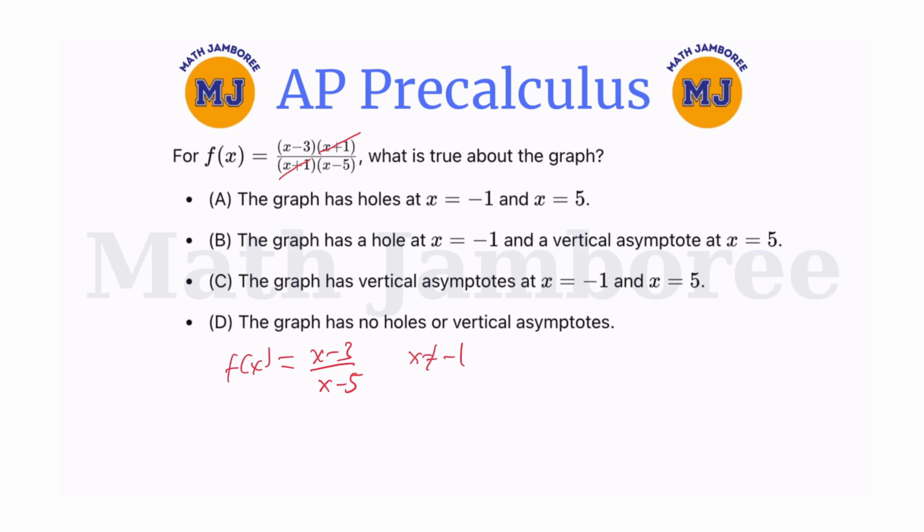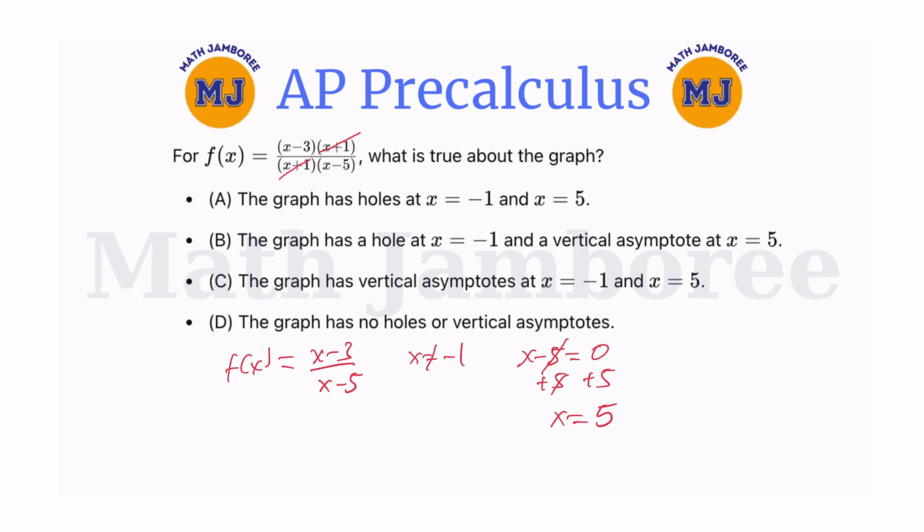Next, let's discuss the vertical asymptote, which occurs where the denominator is 0 and the numerator is not 0 at the same point. Our denominator, x - 5, equals 0, and when we solve for x it becomes 5. So this gives us the vertical asymptote at x = 5.